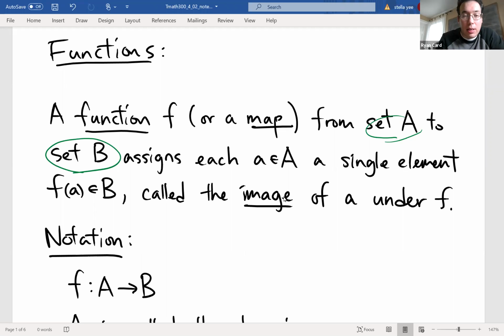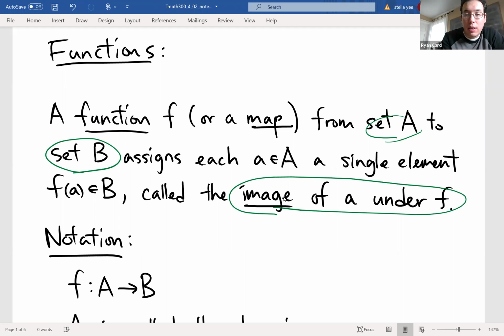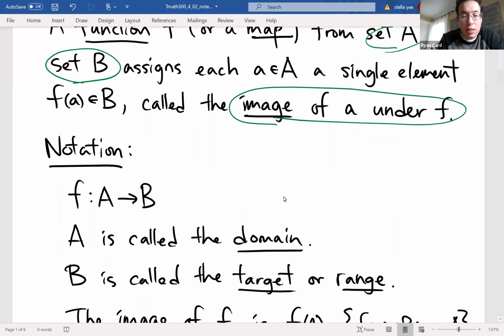The element that it gets assigned to in the range is called the image of the first element under f.